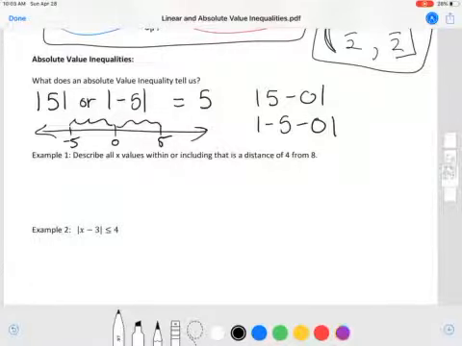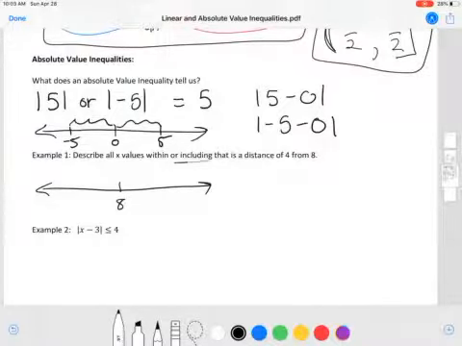So now if we look at example 1, we want to describe all the x values within or including, that is a distance of 4 from 8. So we want to describe, if we look at the number line, if I look at the number 8 on here, all the numbers that are within a distance of 4 from 8.